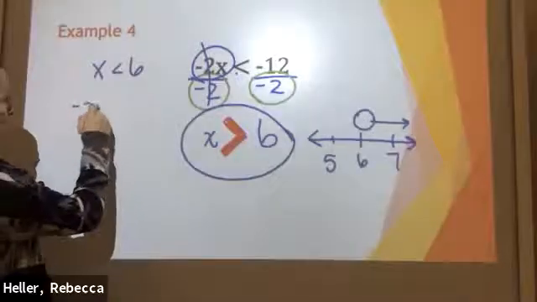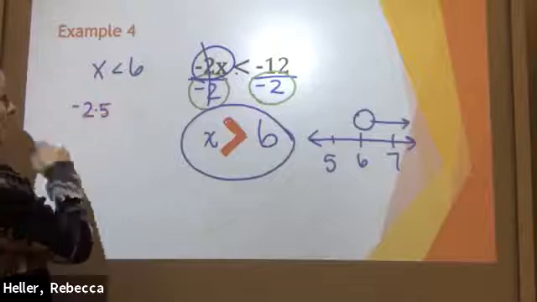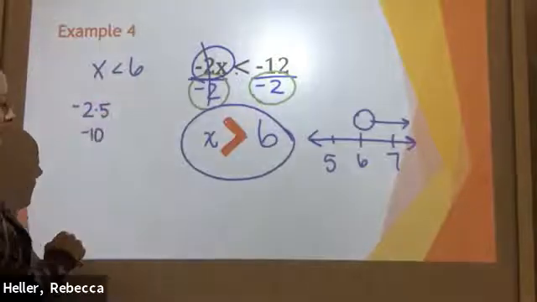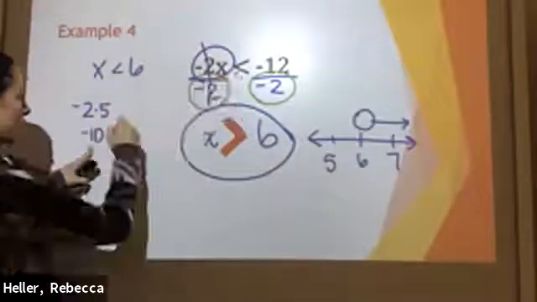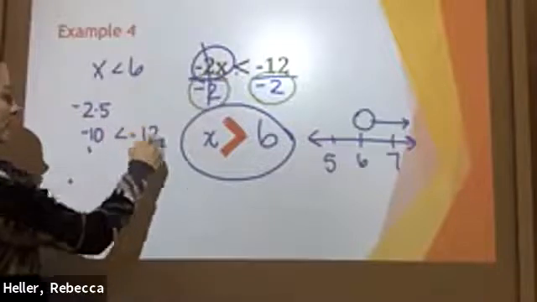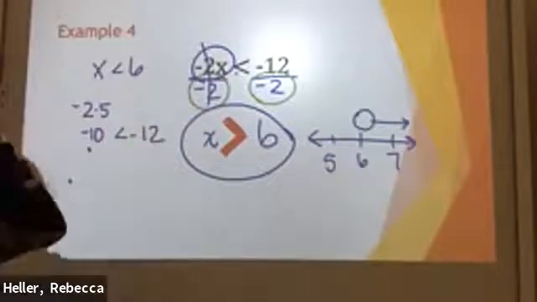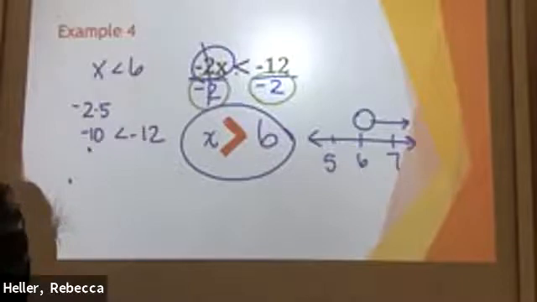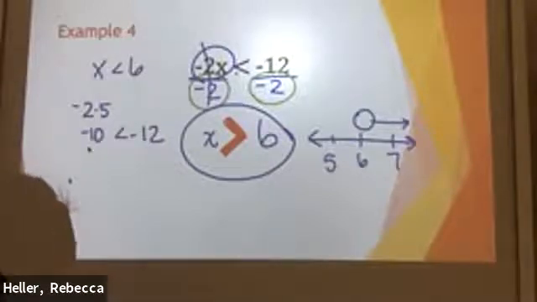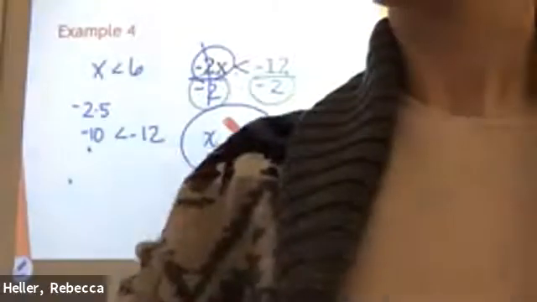If I take the number 5 and I plug it in here, -2 times 5 is -10. Is -10 less than -12? Yes or no?